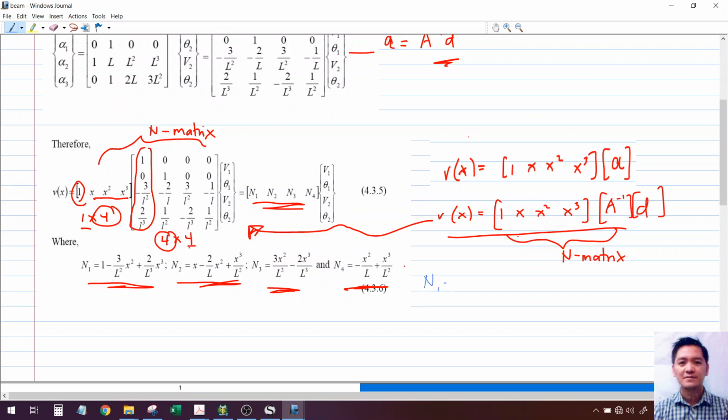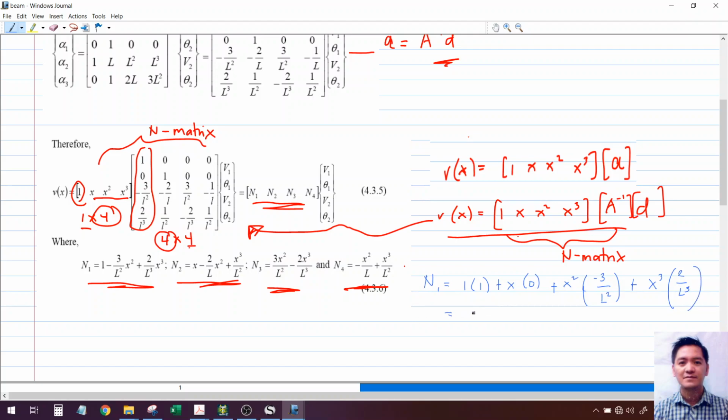Example, N1 is equal to 1 times 1 plus x times 0 plus x squared times negative 3 over L squared plus x cubed times 2 over L cubed.